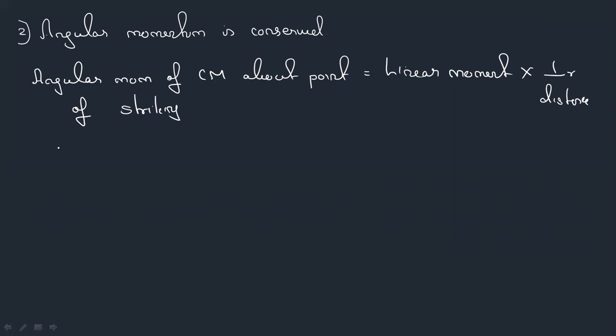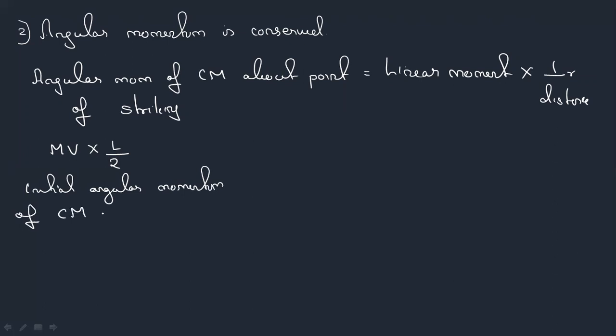So m v into L by 2 is the initial angular momentum of the center of mass about the point of striking.